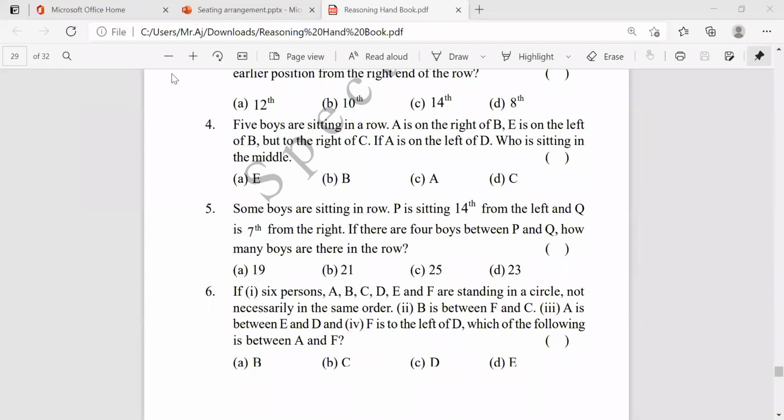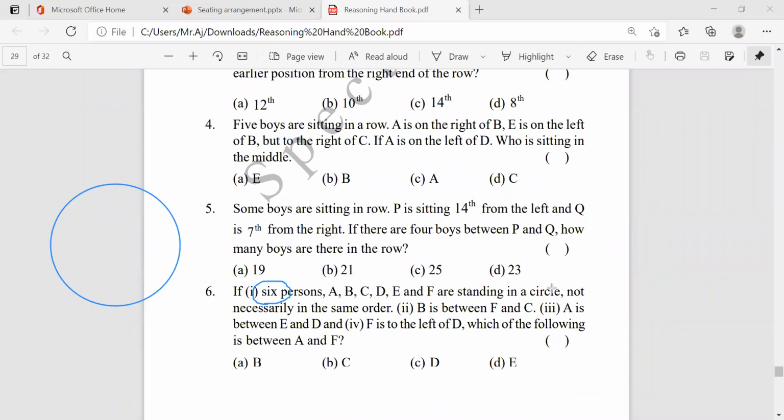Now take the circle. Whenever you get a question like this, just draw the circle first of all. How many members are there? First count the members. They have given 6 persons. So arrange the 6 persons in order.